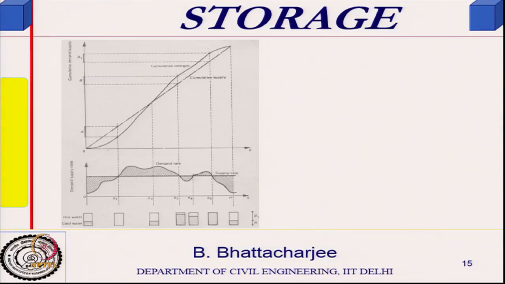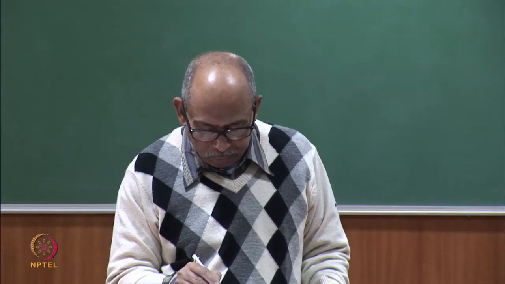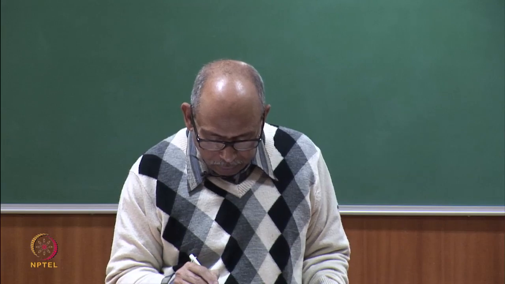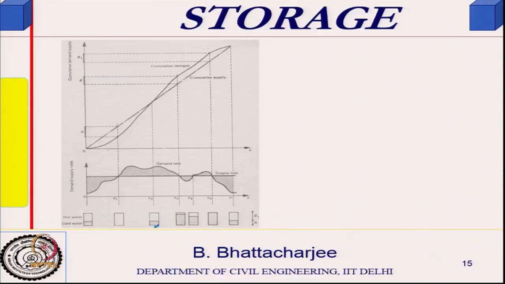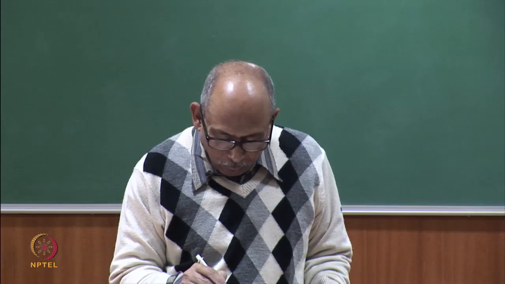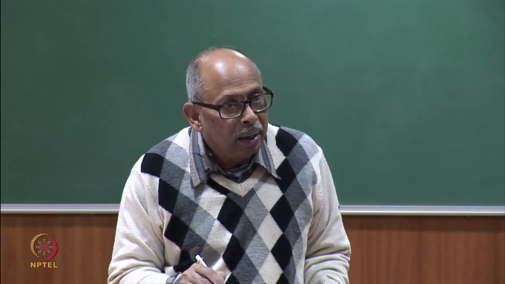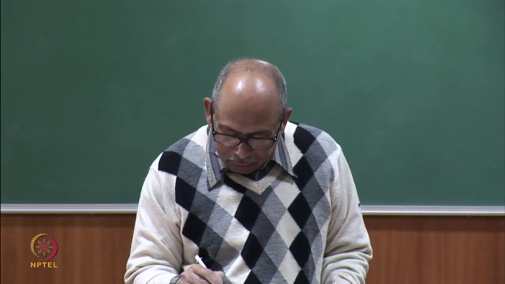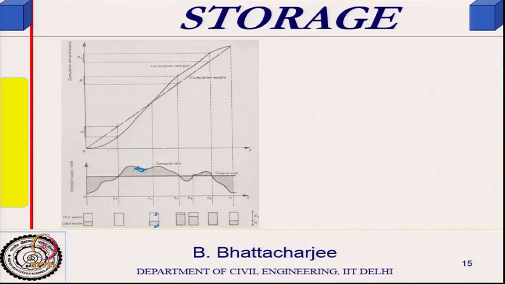Yeah. In that third rectangular storage, this one, here also the demand is more than the supply, right? But what has happened is the demand rate reduces slightly, so it stored a little bit. But still the supply is less. That's why it's consuming.